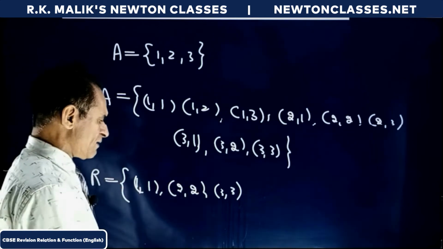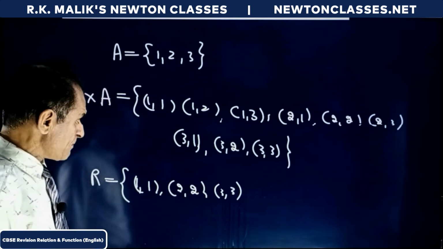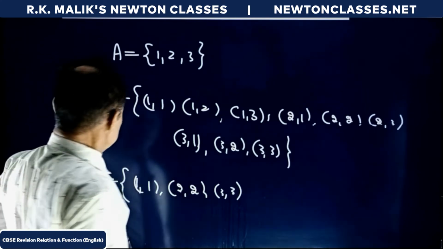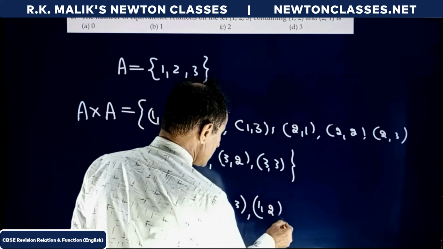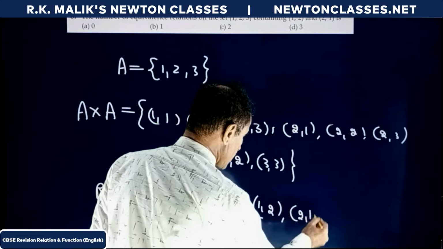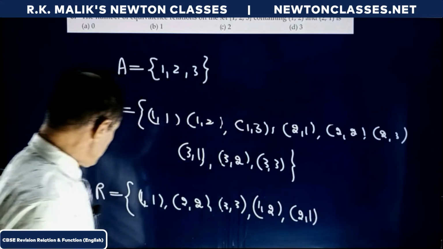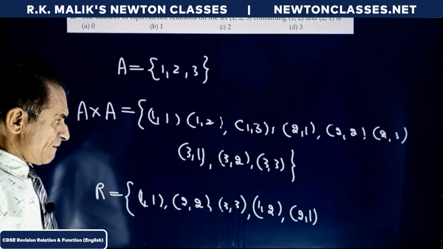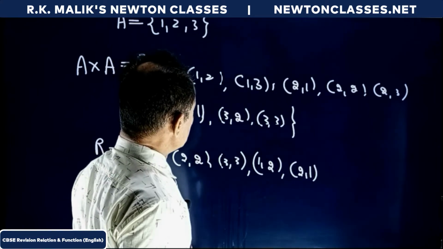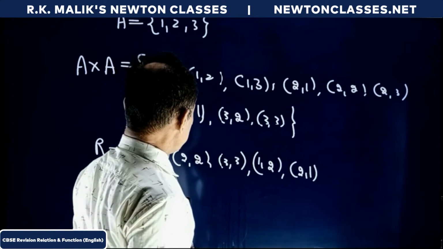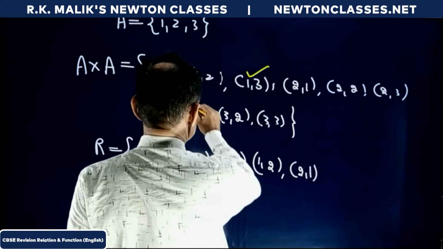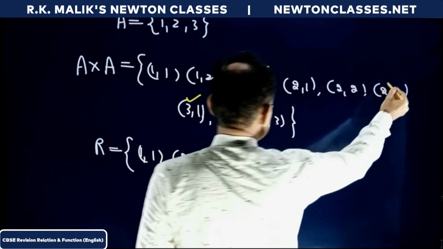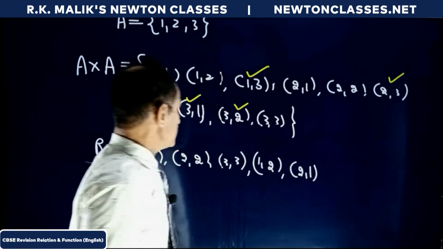Therefore, all the 3 must be present in R. And this is also given that (1,2) and (2,1) are also belonging to R. The only ordered pairs to be discussed are this, this and this.